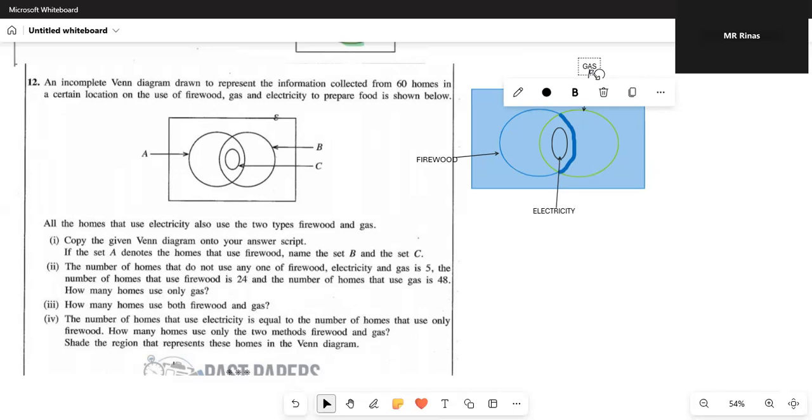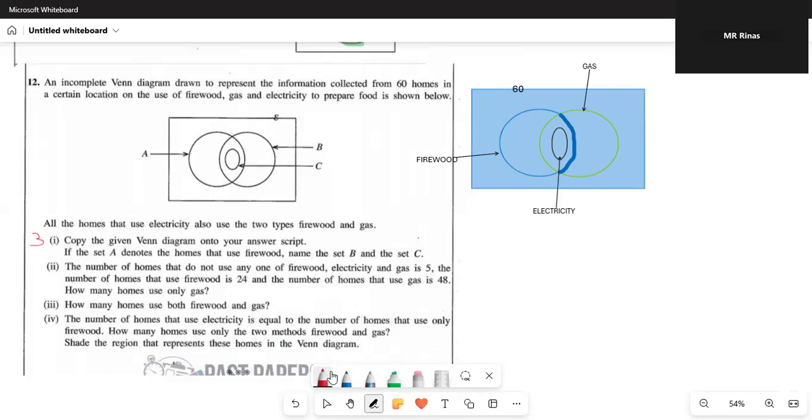So we'll move on to the second question. So likewise, we have to copy this. If we copy this properly, you will get 3 marks. Okay. So for this, you will get 3 marks.